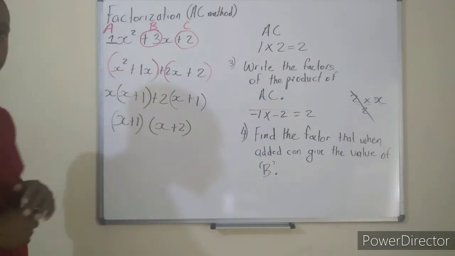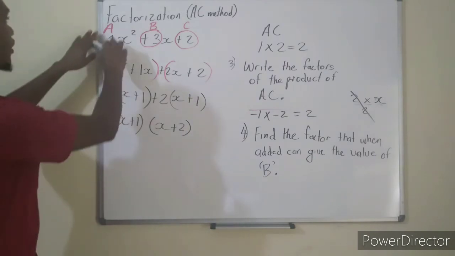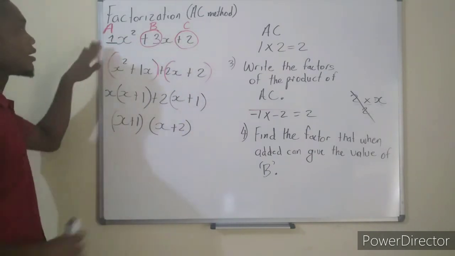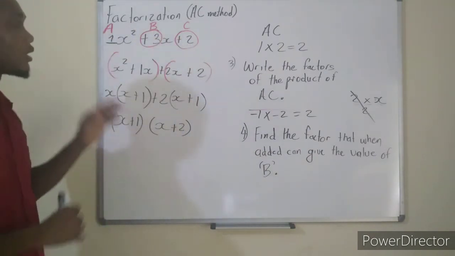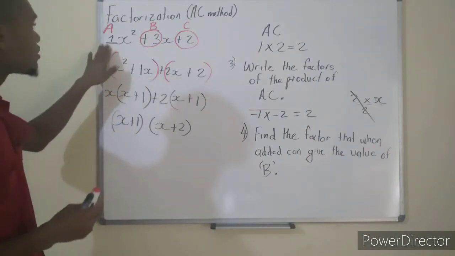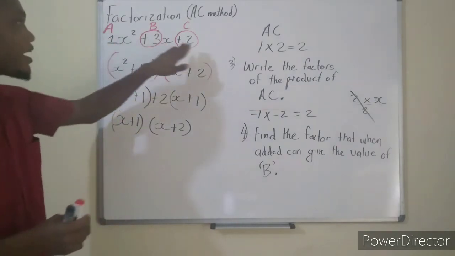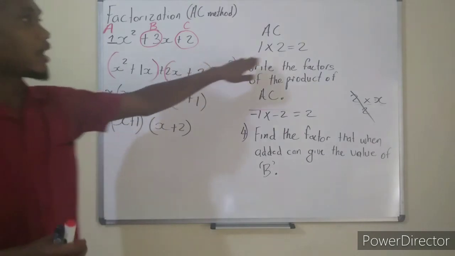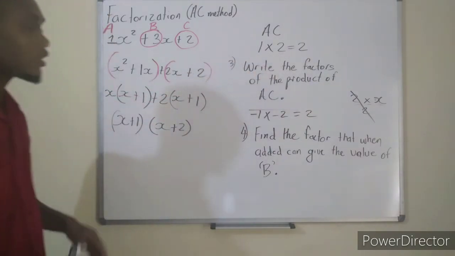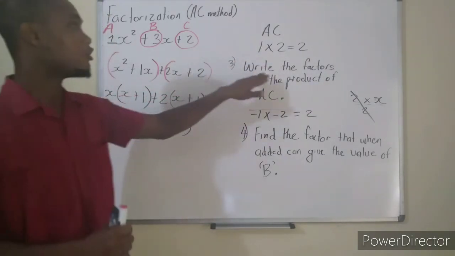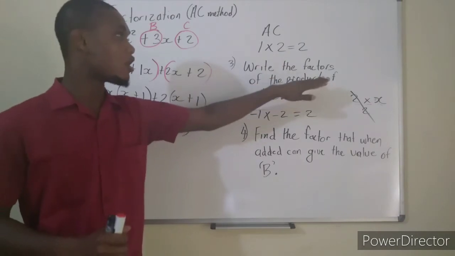So let's see if we can recap. Step 1: label your terms A, B, C. Step 2: multiply your A value by your C value, and you'll get an answer. Step 3: write the factors of the product of AC.